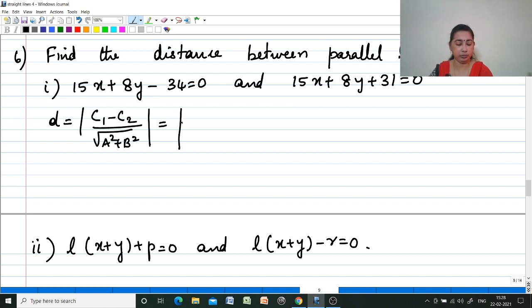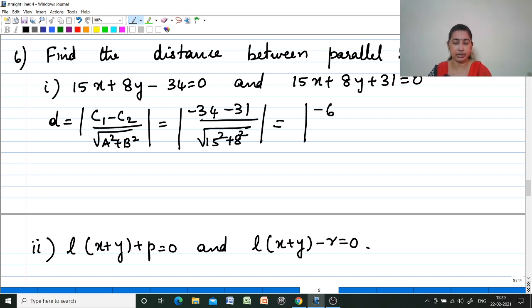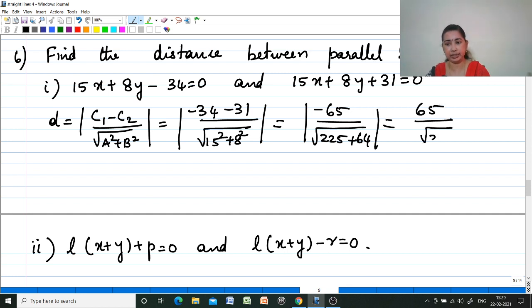That is equal to modulus of minus 34 minus 31 divided by root of 15 square plus 8 square. That's equal to modulus of minus 65 by root of 225 plus 64, which is equal to 65 divided by root 289, which is 65 by 17 units. That is the distance.